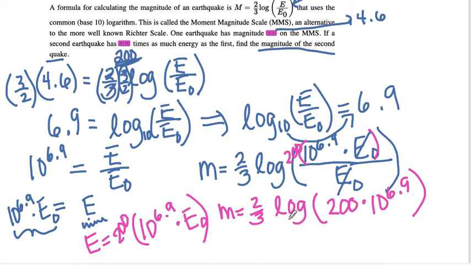Then I'm going to stick it in my calculator: 2 divided by 3, times log, and then in parentheses, making sure I have everything in parentheses, 200 times 10 to the power of 6.9. I come up with the magnitude equal to 6.13, and that would be my answer. That's the magnitude for the second earthquake.